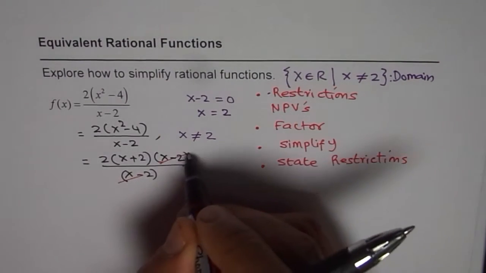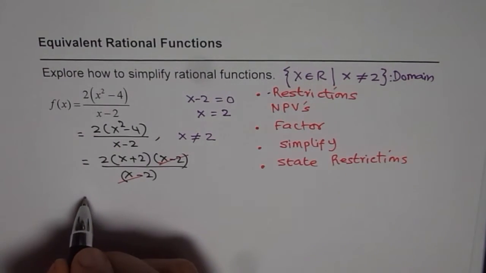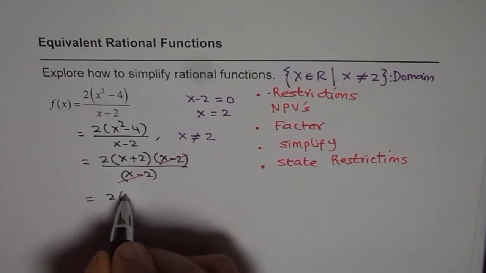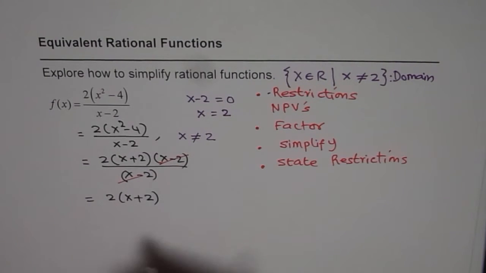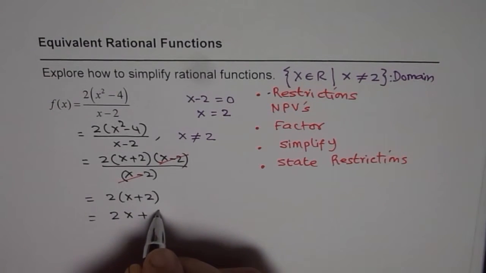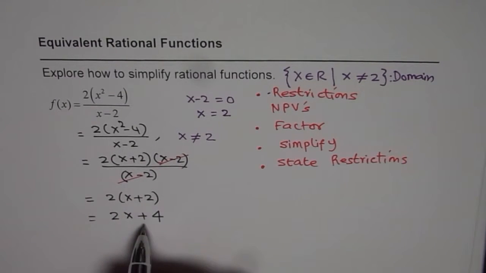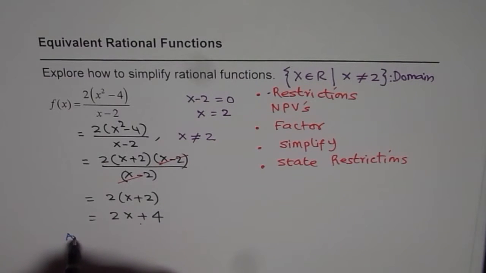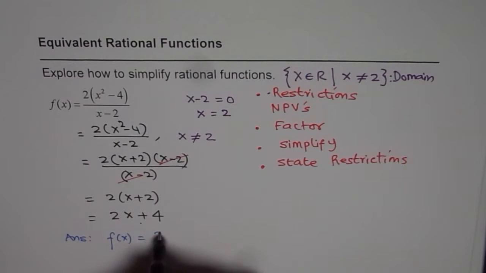So x minus 2 gets cancelled off, and I will write this as 2 times x plus 2, and I may even expand it and write this as 2x plus 4, and I write this as my answer. My answer is that the simplified form of f of x is 2x plus 4.